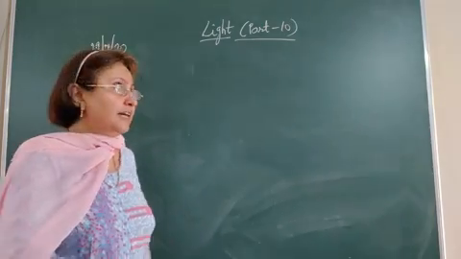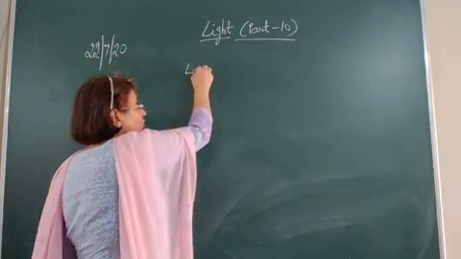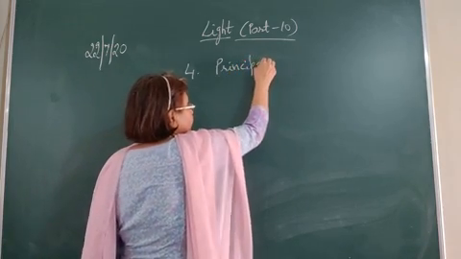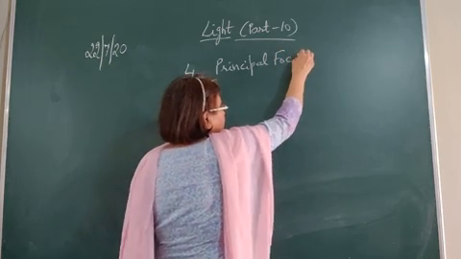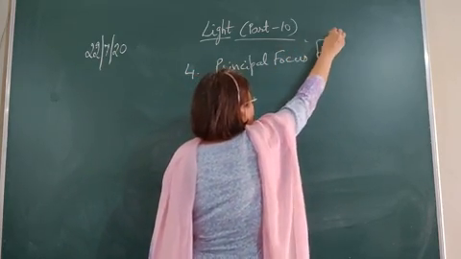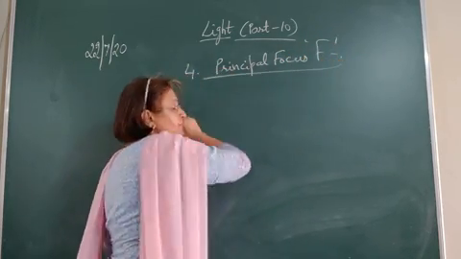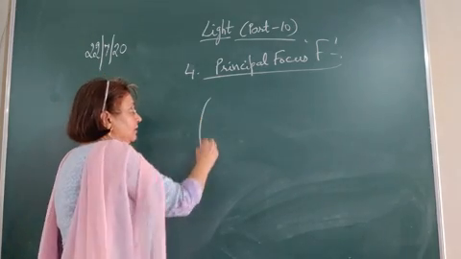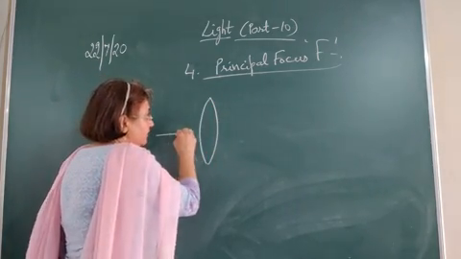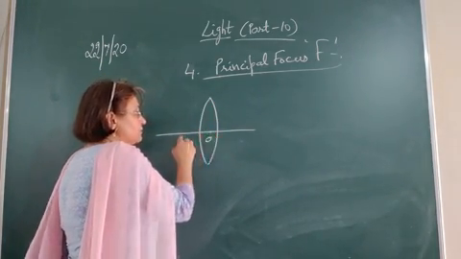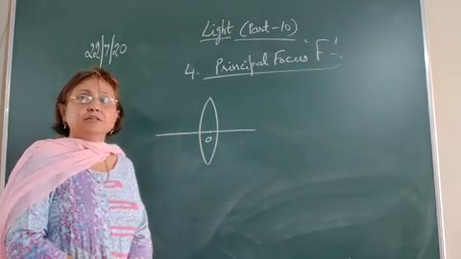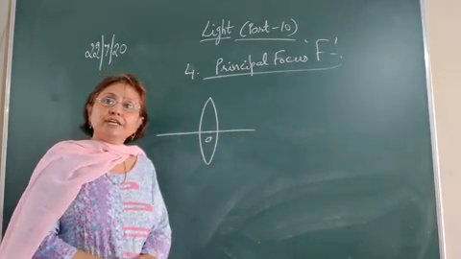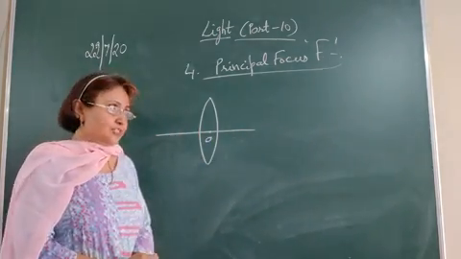Now the next term is principal focus, which is represented by capital F. A straight line which is passing through the optical center and perpendicular to both the faces, this line we call the principal axis.